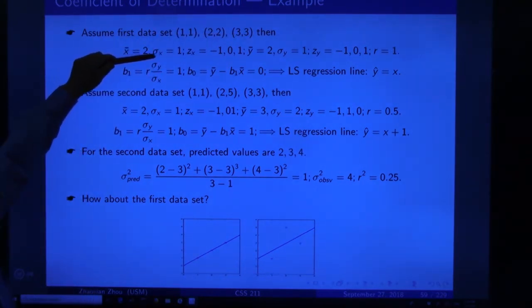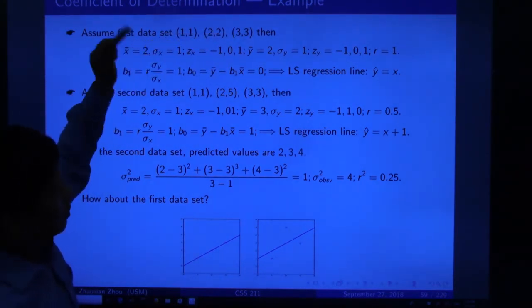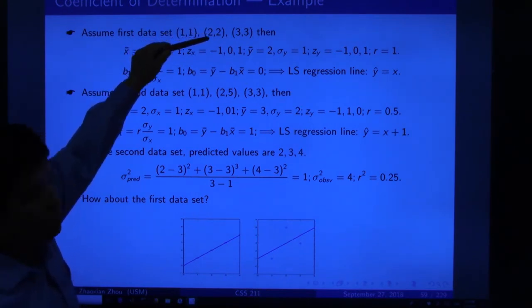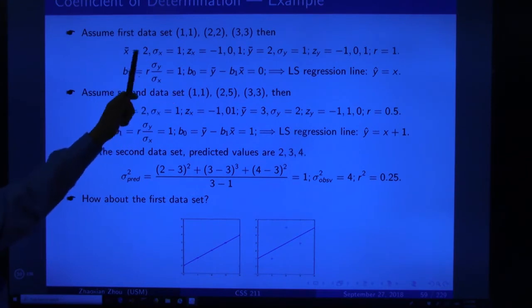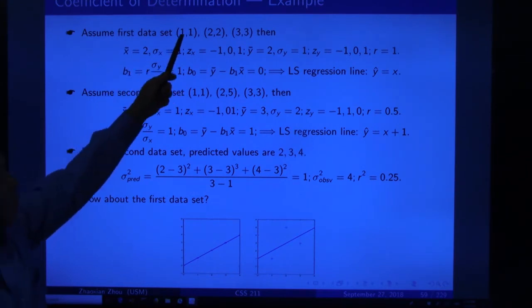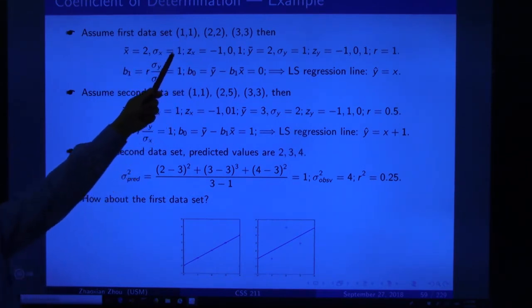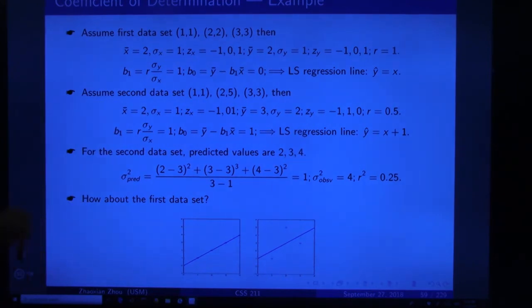Standard deviation: 1 minus 2 squared plus 2 minus 2 squared plus 3 minus 2 squared equals 2. Then divided by 3 minus 1, equals 1. So sigma x equals 1.